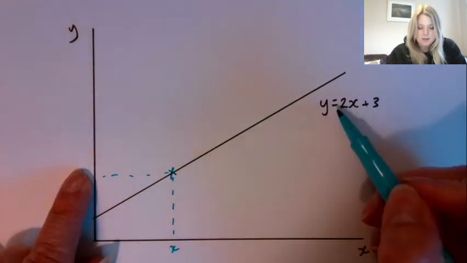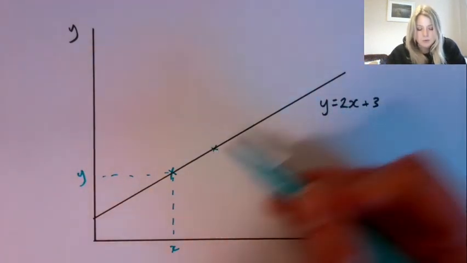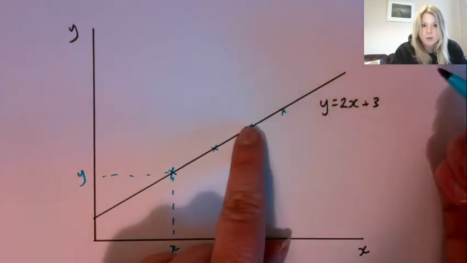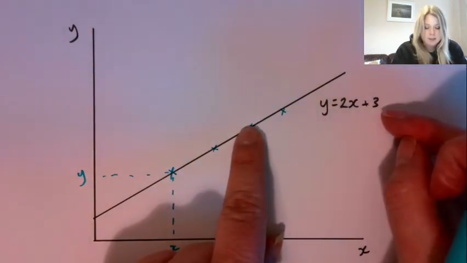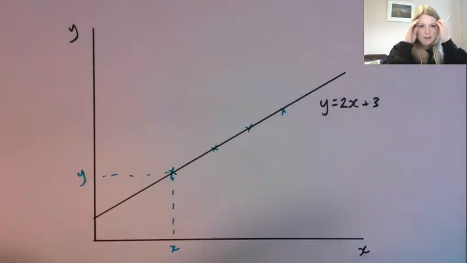And that's what I mean by that is the rule for this line. No matter what point we picked on the line, if you take the x coordinate of the point, multiply it by 2 and then add 3, it'll give you the y coordinate. Okay, so that's something that I am very keen for you to know and to keep remembering the whole way through this.